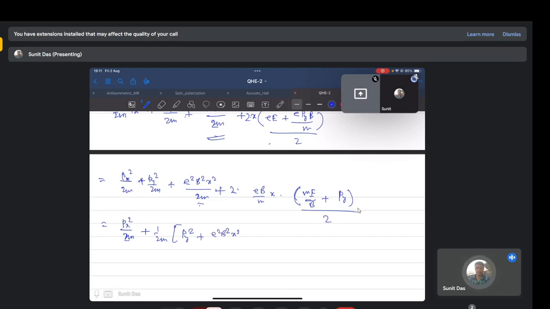We'll take 1 by 2m common, so 2 into eBx into mE by B plus py, right?